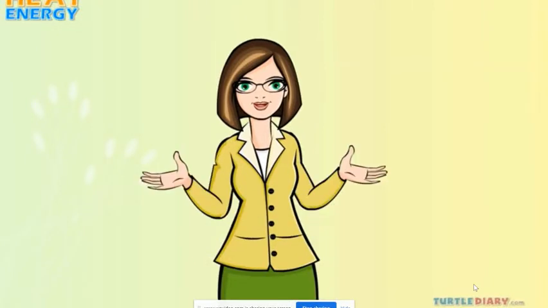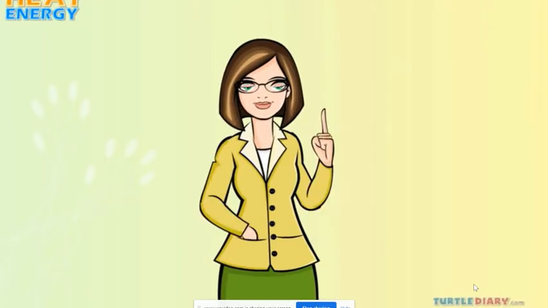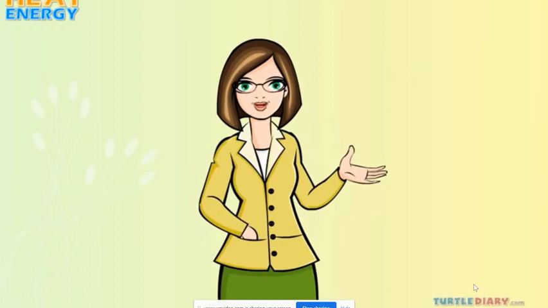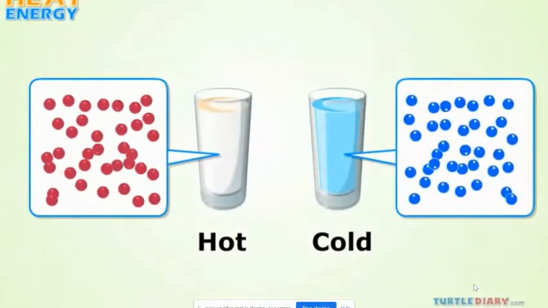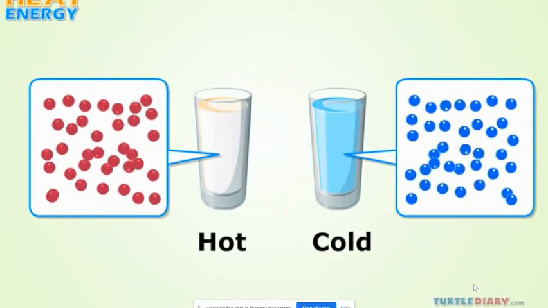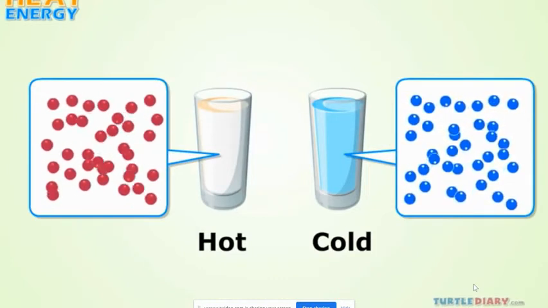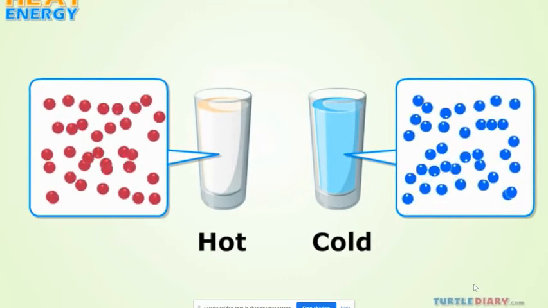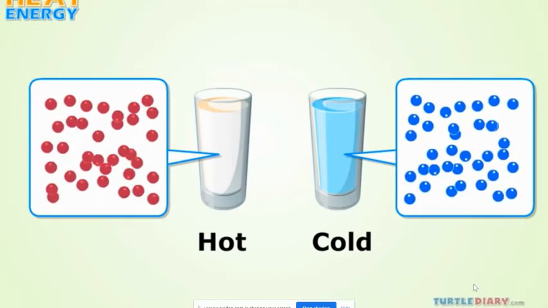To fully understand what heat is, we first have to understand something about energy. Energy has to do with the movement of the particles that make up matter. If we were to look up close at the particles of something very cold, we would see them moving very slowly.